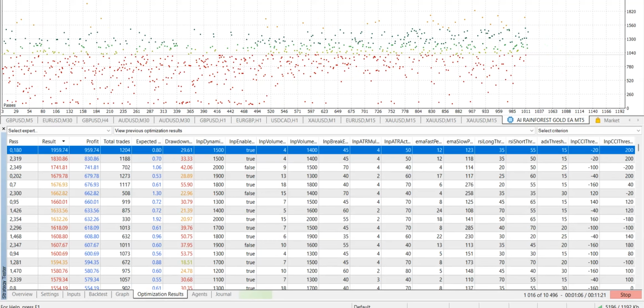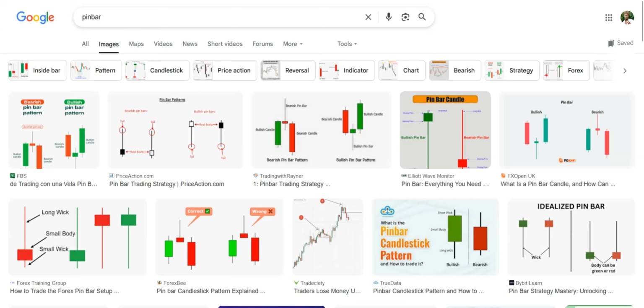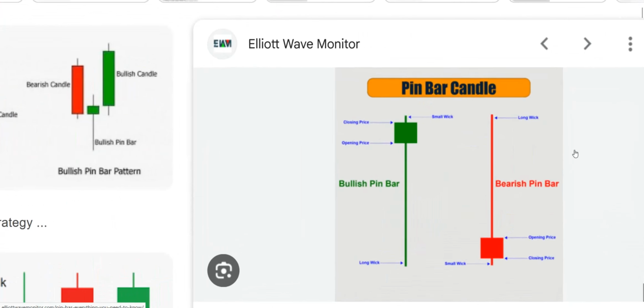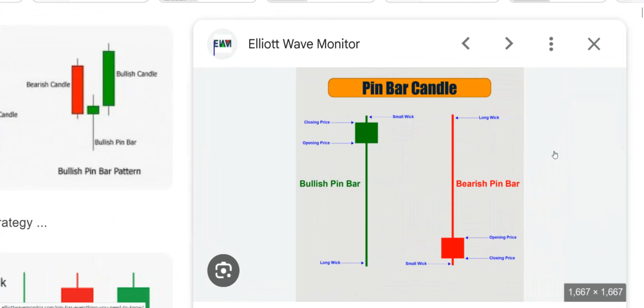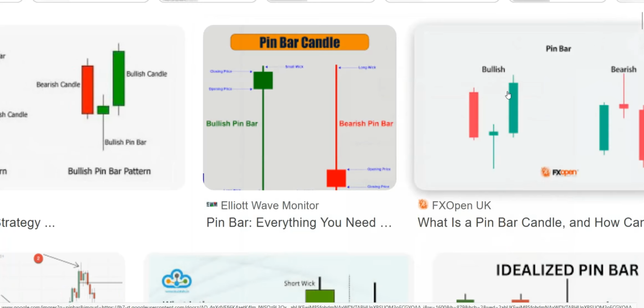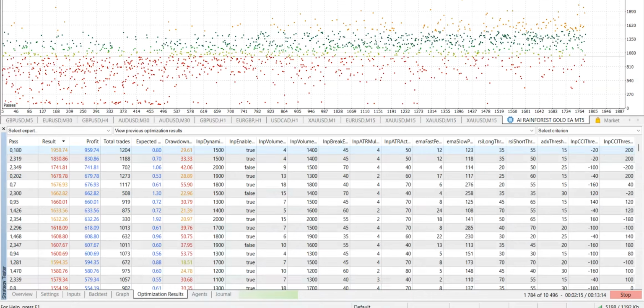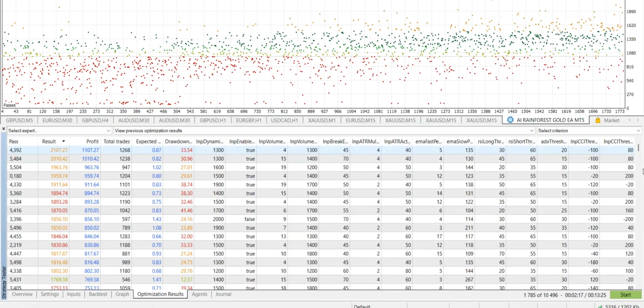Actually I want to show you something in a moment. I just wanted to show you that this is what I was talking about, a pin bar. You have a small wick and a huge wick. It depends if it is a bearish or bullish one, and this is the overall look that we are usually looking for. So let's see the optimization, what we got with a pin bar.